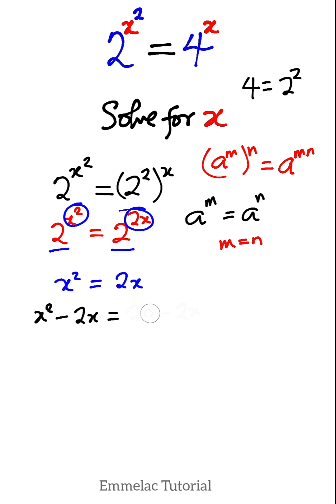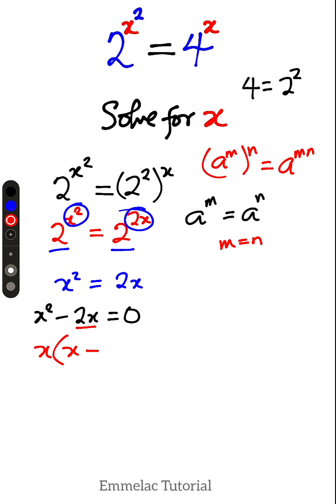So let us just clean this and replace it with 0. So from here we can factor out x. When we factor out x, from x squared we are left with x, since x squared divided by x gives us x, then minus 2x divided by x gives us 2.